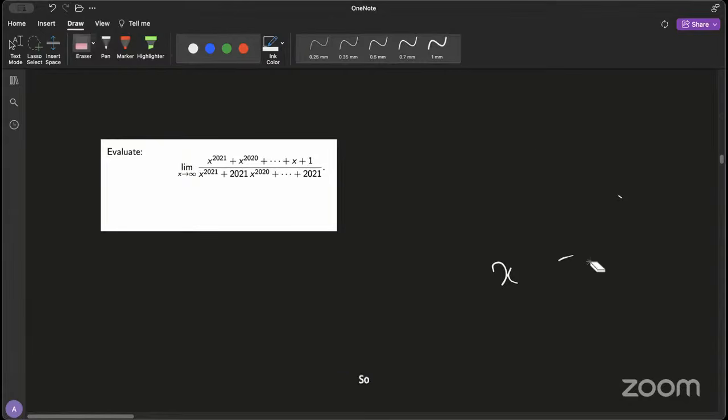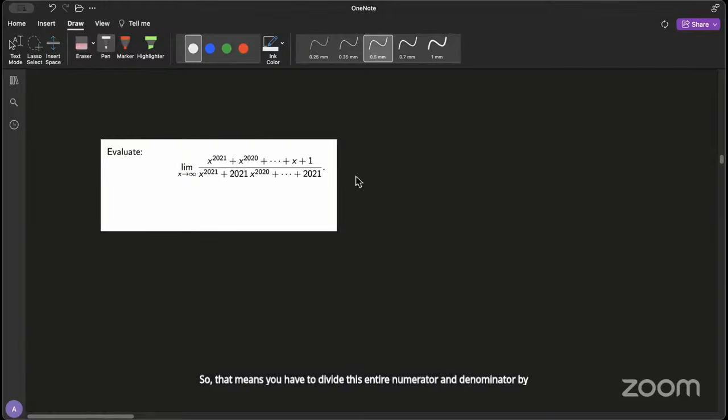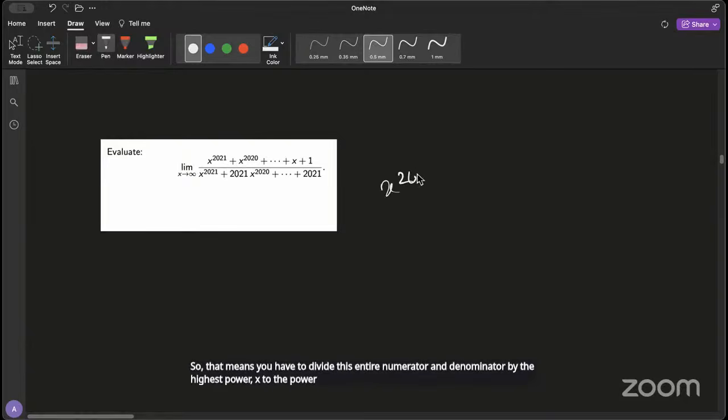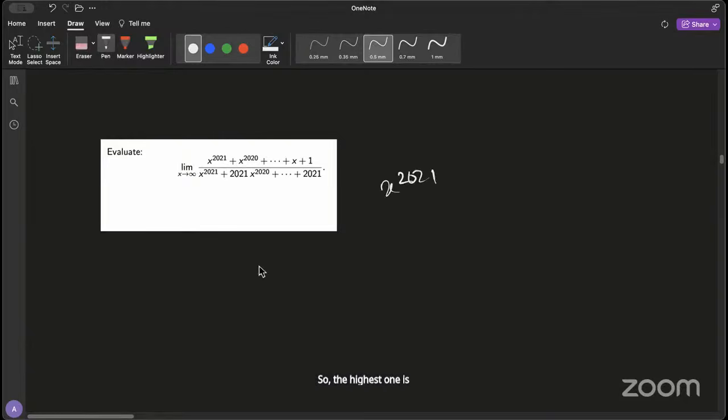So that means you have to divide this entire numerator and denominator by the highest power of x. The highest one is x to the power 2021. So you have to divide both by x to the power 2021.